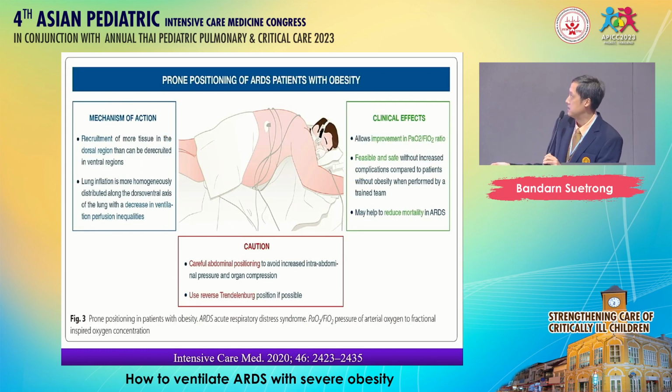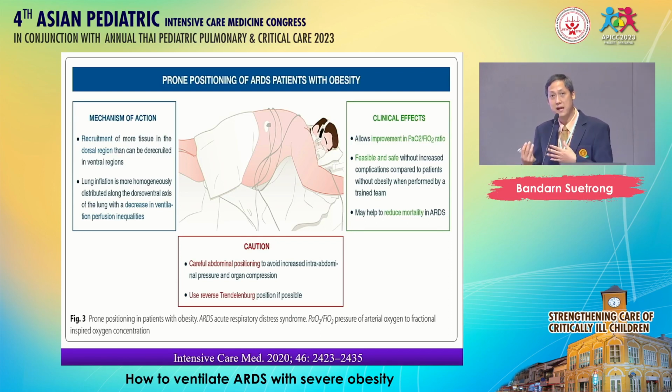If we look at this severely obese patient, the prone position can recruit the lung that is collapsed, particularly in the dependent part, the dorsal lung region. And I think the most important thing about the prone position is that it can minimize ventilatory inequality.